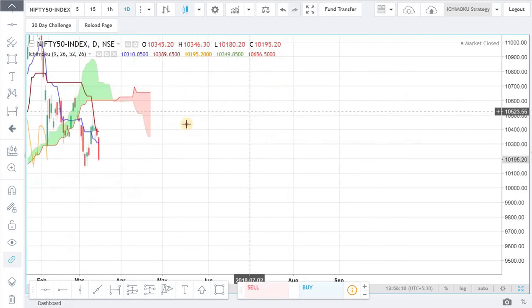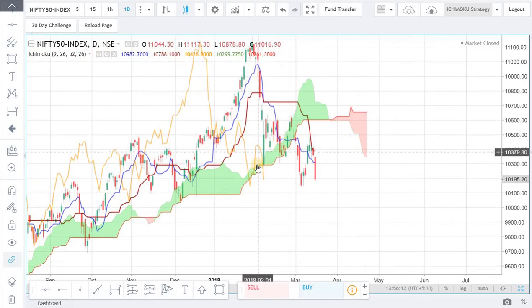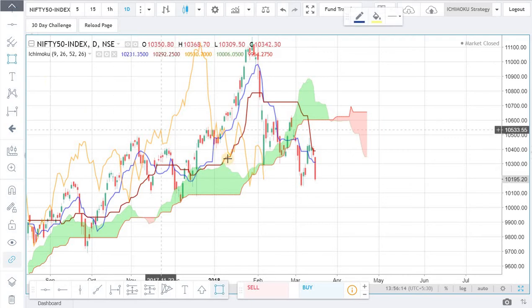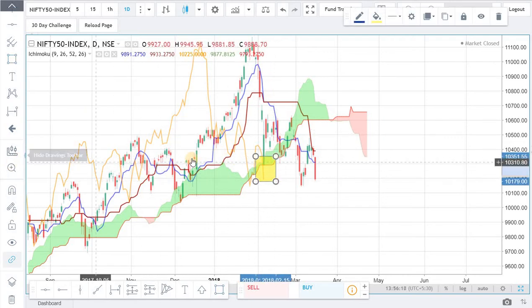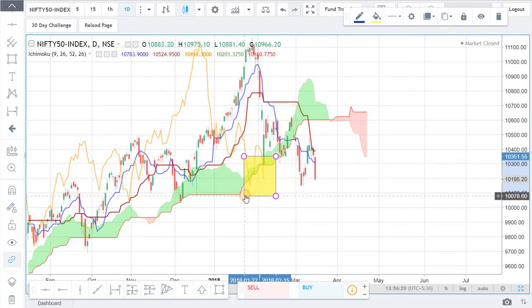In this case, the lagging line has crossed below. It crossed here as well, then rebounded, and then crossed again. So it's almost like the retracement is over and it's crossing down again. So this is a huge sell signal.